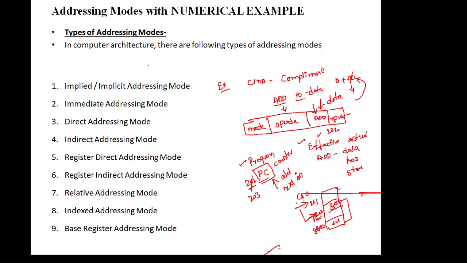Here I have given you complement accumulator. So directly it is going to complement the contents of the accumulator. We need not wait for any sort of instruction or any sort of addresses. We are not going to give any addresses. So directly we complement the contents of the accumulator, right? So that is the implicit addressing mode.